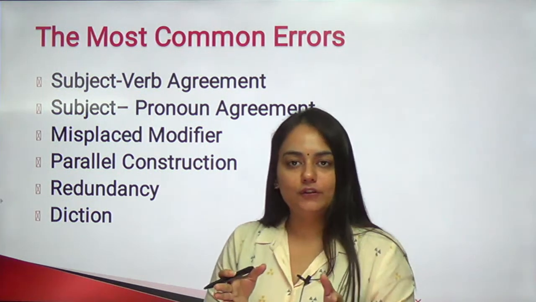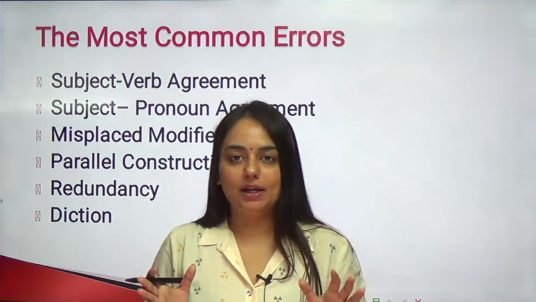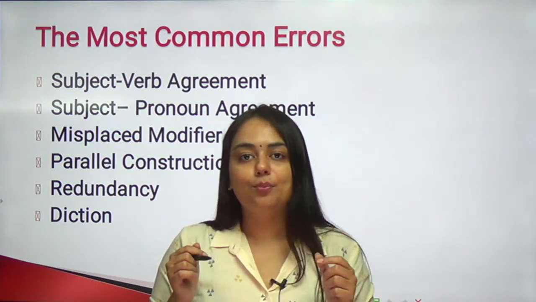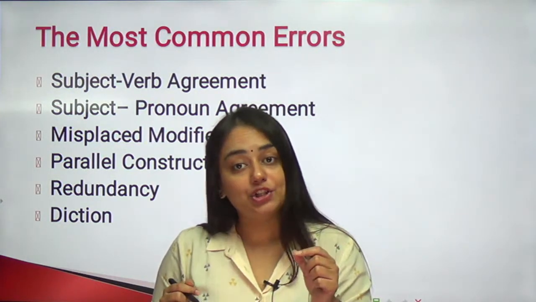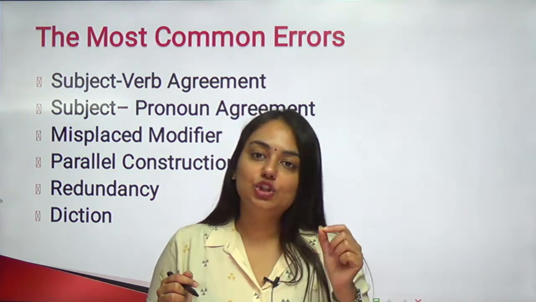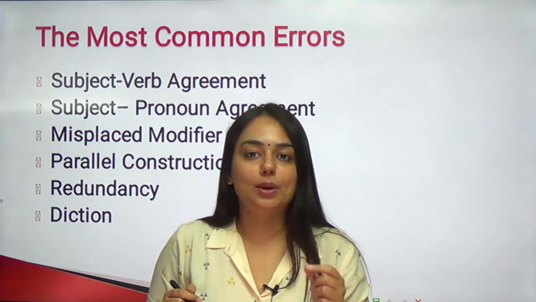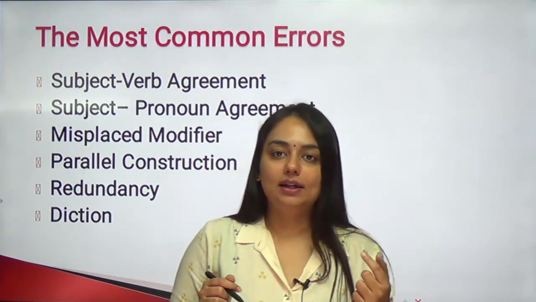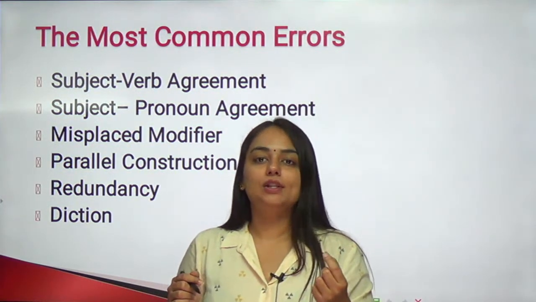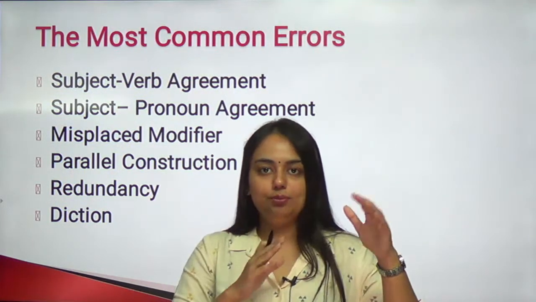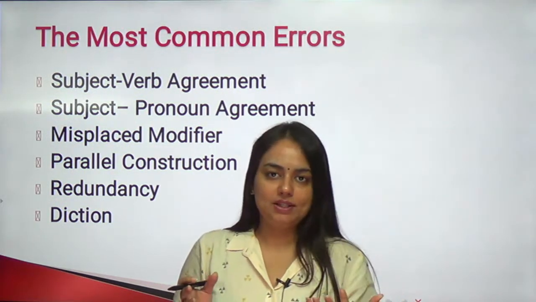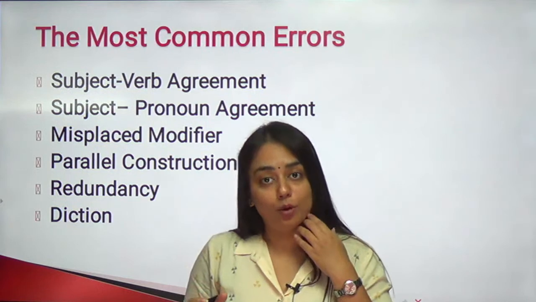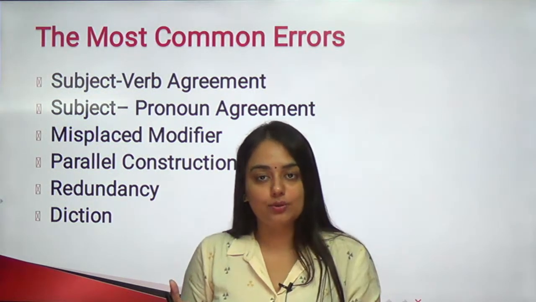In English, we've got 8 parts of speech: noun, pronoun, verb, adjective, adverb, conjunction, interjection, preposition. Out of all these, the most important parts of speech are noun and pronoun, because they do some action or something can be said about them, and the verb of the sentence, which shows some action.